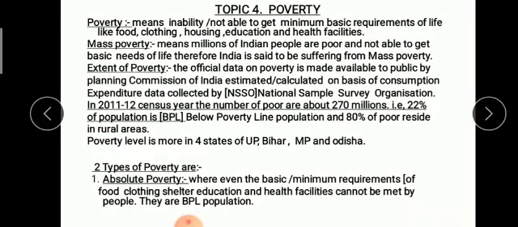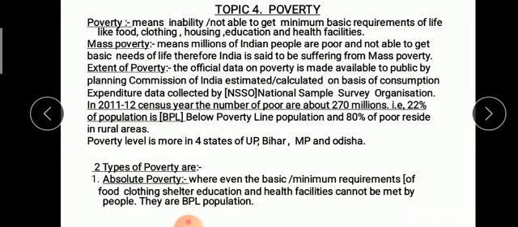Let us see what is the meaning of poverty first. Poverty means inability. Inability means what? The person who does not have the ability or the capacity to get the minimum basic requirements of life. What are the basic requirements of life?